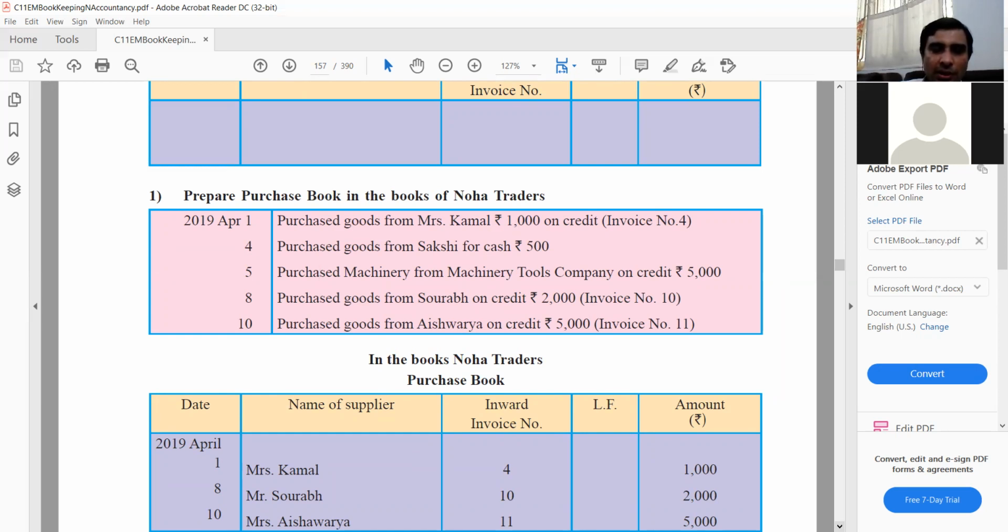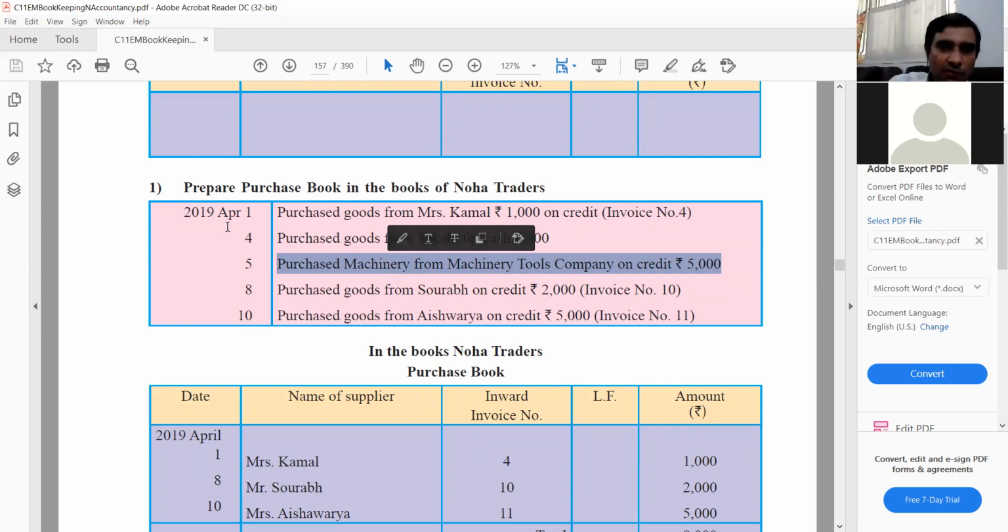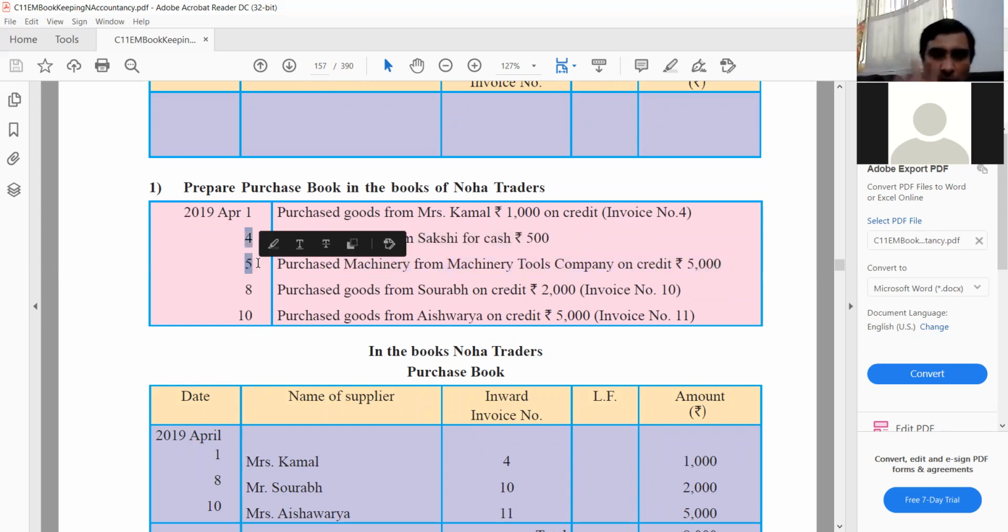So when the company is dealing in certain goods, it is only those goods which will come in your purchase register. Here, what is being purchased is machinery. Machine purchase will not come in the purchase book. This is what you need to know clearly, that the purchase and the sales book are nothing but goods. Goods and machine is not goods. So again, these entries of 4th and 5th of April will not appear in the purchase book.